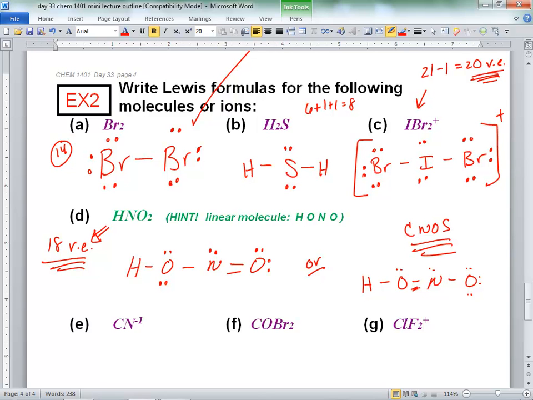Everyone's still happy. So I think there's 2 answers for this one. And we'll find later on that only one of these is really right. It's called formal charge. So keep going.